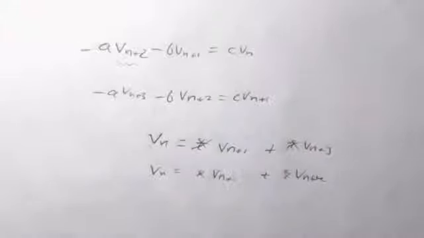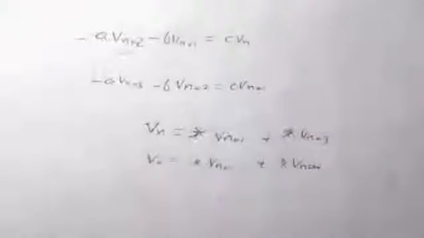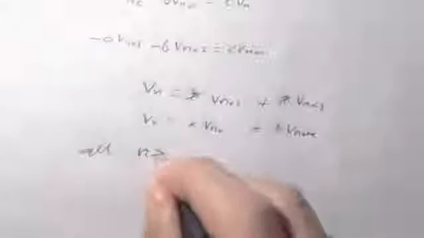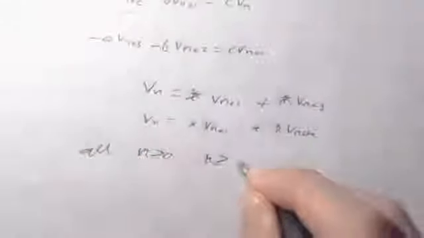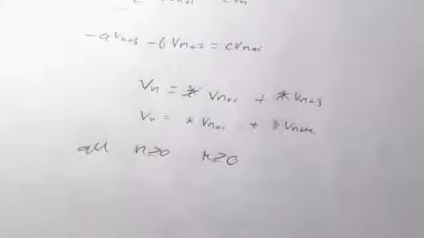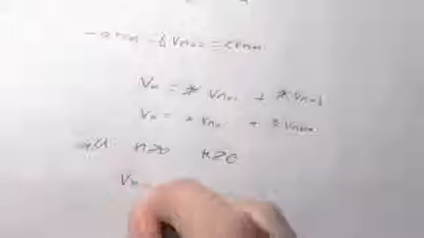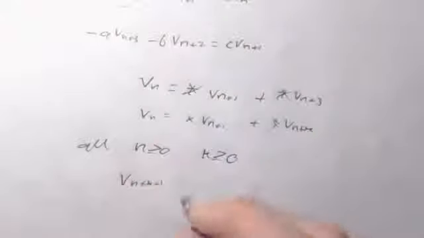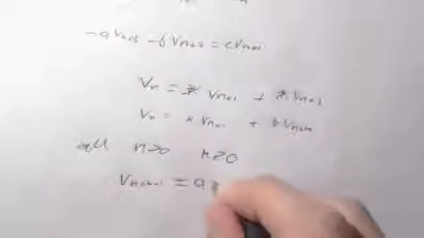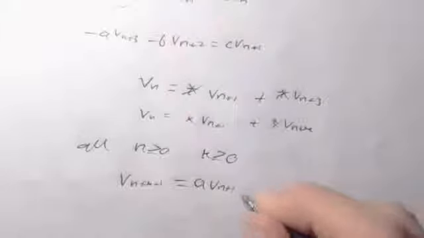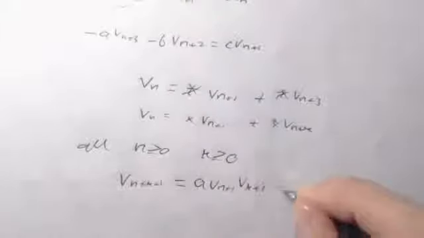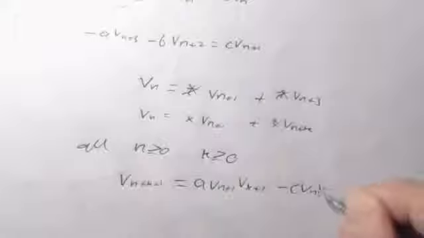And doing that leads me to this result, that for all n greater than or equal to 0 and k greater than or equal to 0, we have Vn plus k plus 1 equals a Vn plus 1 Vk plus 1 minus c Vn Vk.